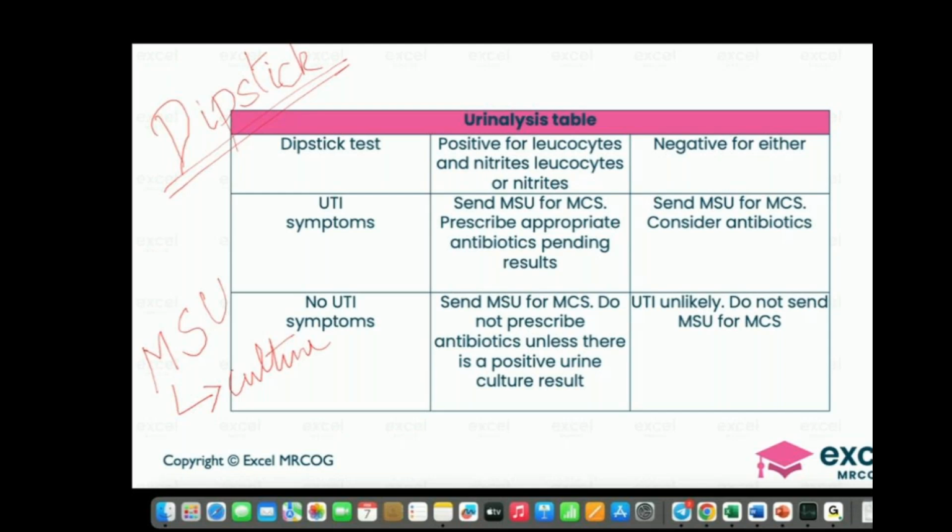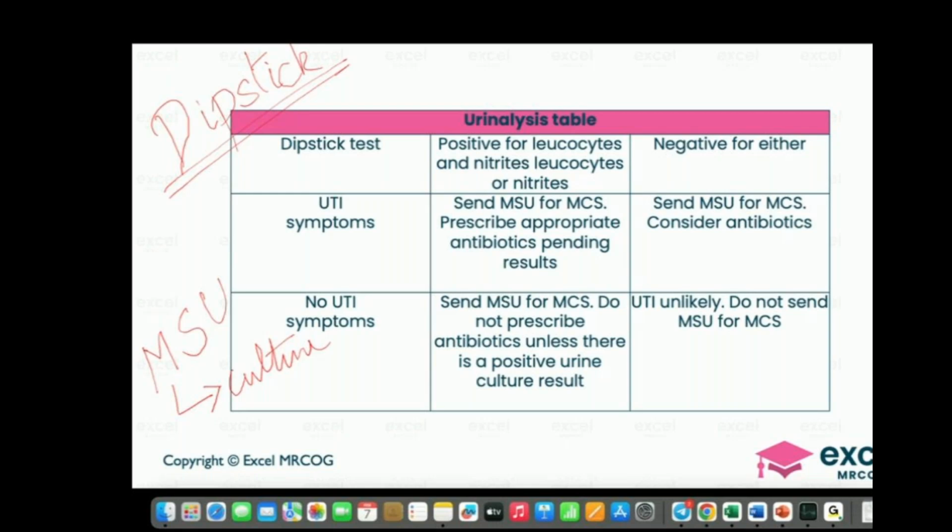You send midstream urine, no antibiotics. If the midstream urine culture is growing something, you will consider antibiotics later to treat her. But right now, you are not thinking of UTI because she doesn't have UTI symptoms, although she's positive for leukocytes and nitrites. You are sending her urine culture only because she's positive for leukocytes and nitrites.